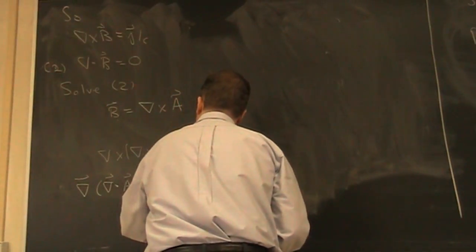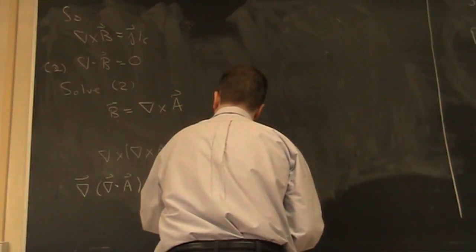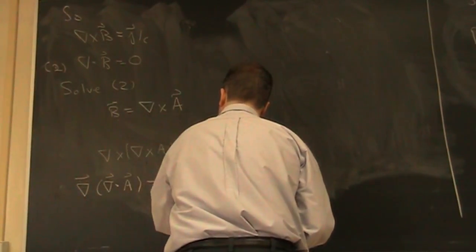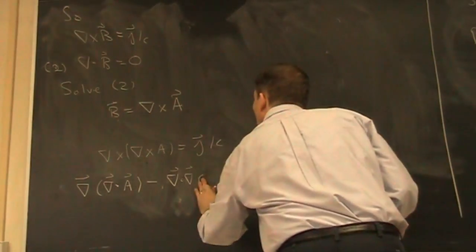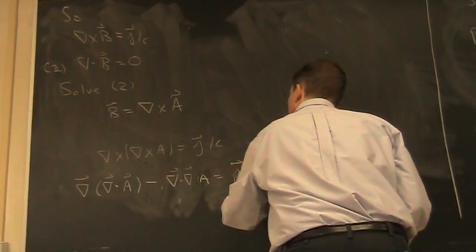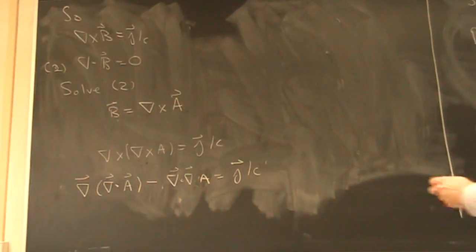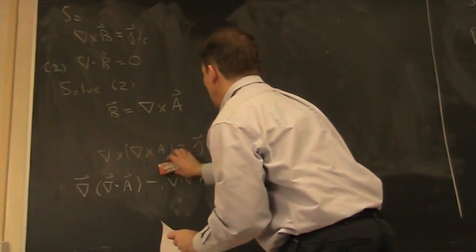BAC minus A. So nabla squared is like Gaussian squared, something like that.